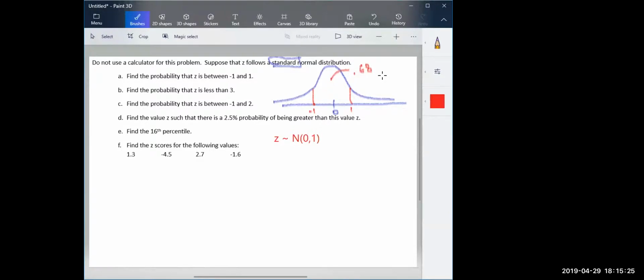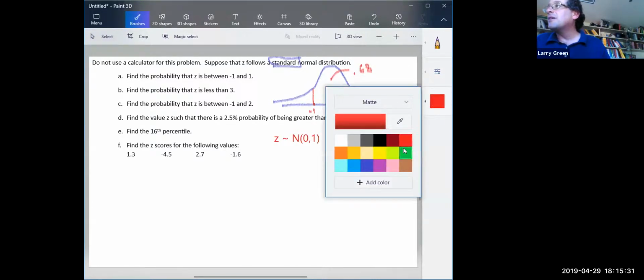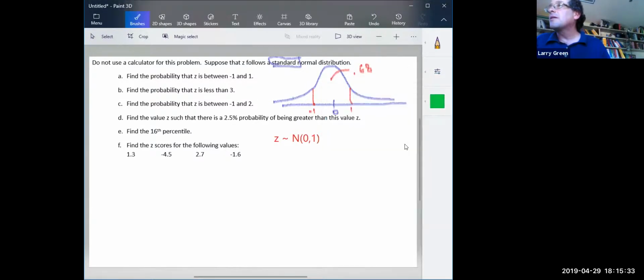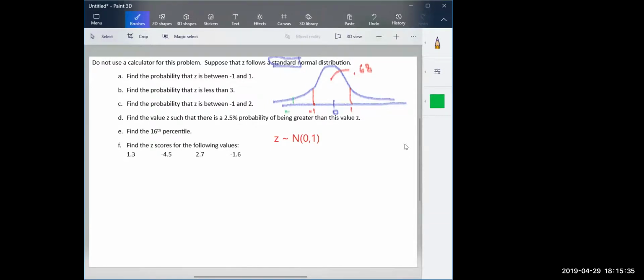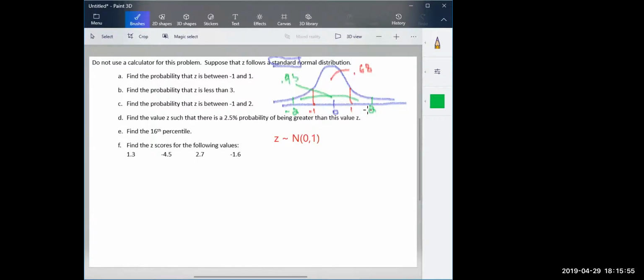Okay, similarly, now let's continue on the empirical rule. If you go from -2 to 2, let me change the color so you can see it well. -2 to 2, then all of that is, from the empirical rule, 0.95, or 95%.